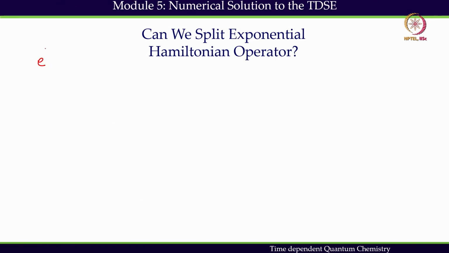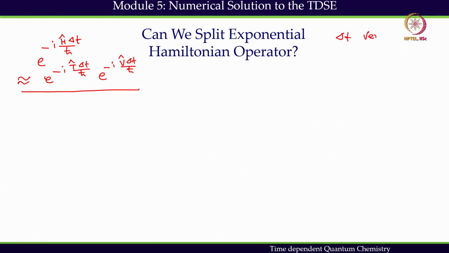I have now e to the power, the requirement is that I should be able to write this as a split operator: e to the power minus i T delta t by h cut multiplied by e to the power minus i V delta t by h cut, and we will just prove that in general this does not work unless delta t is very small, and this is what we are going to prove first.